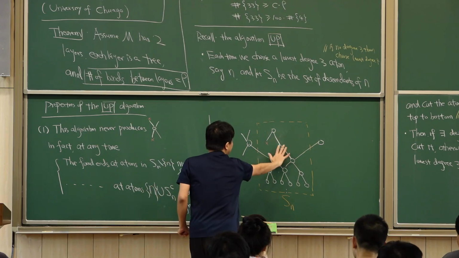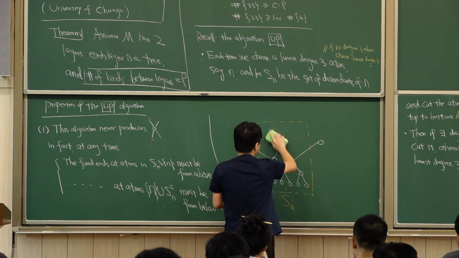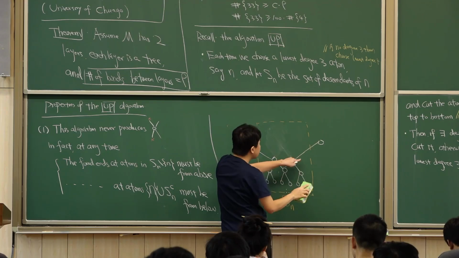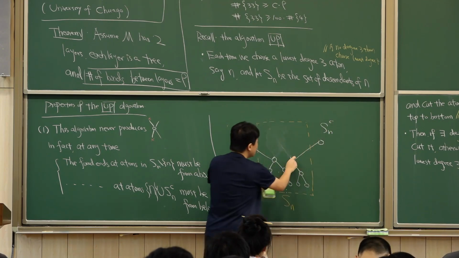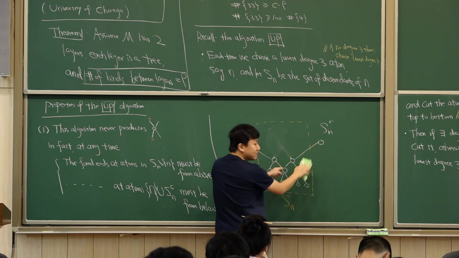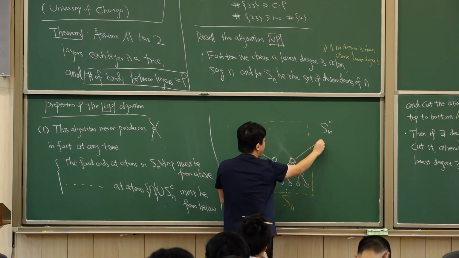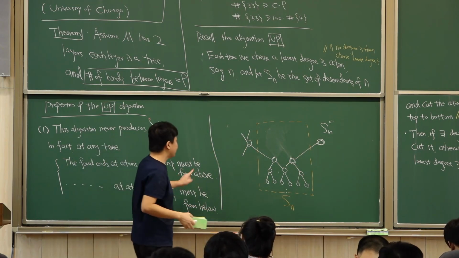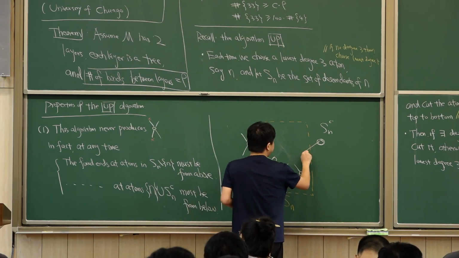since you're only cutting the atoms in Sn, if you cut one atom in Sn, at some point, you're going to introduce fixed ends outside of Sn. So this is SnC. You're going to introduce a fixed end outside of Sn, but this fixed end must be from below, because the thing you cut is a child of the atom in question, and this introduces fixed ends that can only be from below.